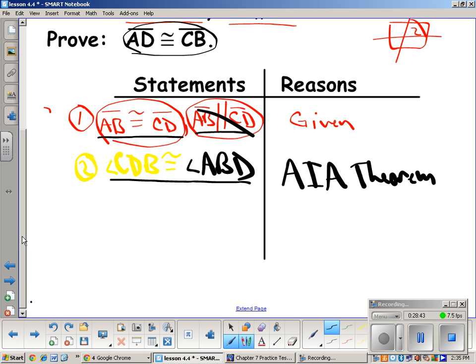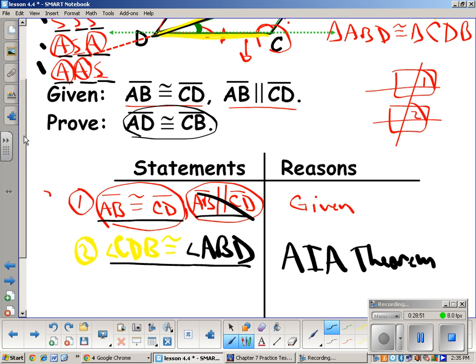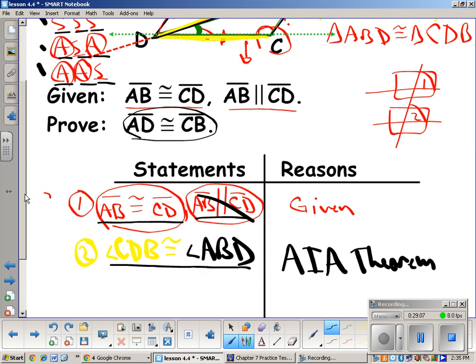And so we need a third fact, and it's not in the given, so we go back to the picture. If you don't get three facts from the given, then you have to go back to the picture and look carefully at the picture.